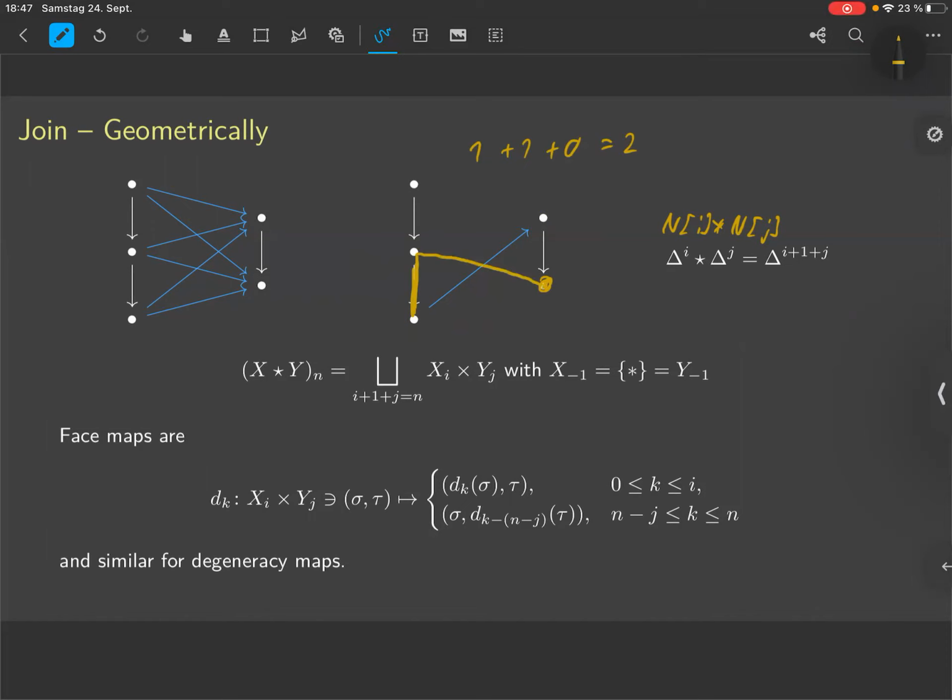And what is the 2 simplex? It shall be this 2 simplex, which has these orientations. So every combination of choosing simplices here gives, together with the joining edges, a simplex of the sum of the dimensions plus 1. And the face maps are these ones. I will not go into the details why it works, but it just gives the usual things we expect from the geometrical intuition. Similar for degeneracies.